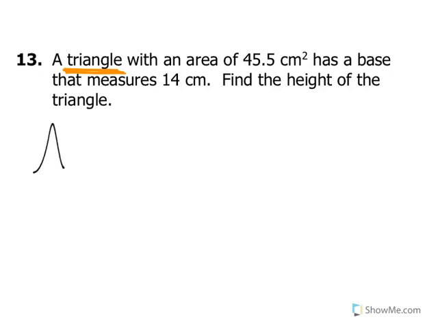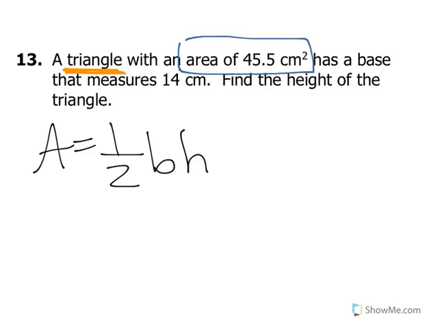So your formula for area of a triangle, 1/2 base times height. We're told that we know the area is 45.5 and the base is 14, and we're trying to find the height.